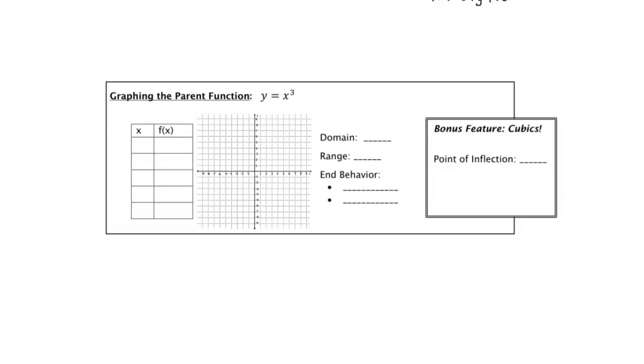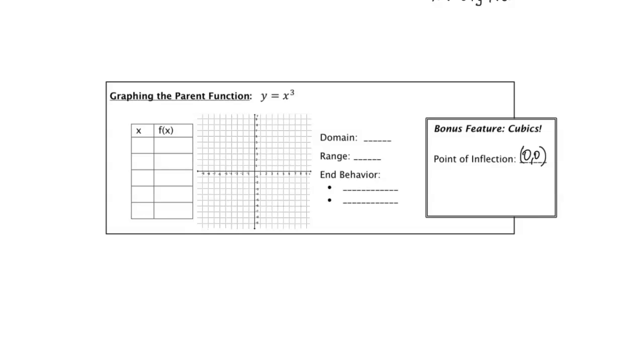All right, so here we go on to learning how to graph the parent function y equals x cubed. We're learning more about the parent function for cubics, which is again y equals x cubed. This is the very basic cubic function that we have. One bonus feature for cubics is that it has a point of inflection, and for this one, its point of inflection is 0, 0.